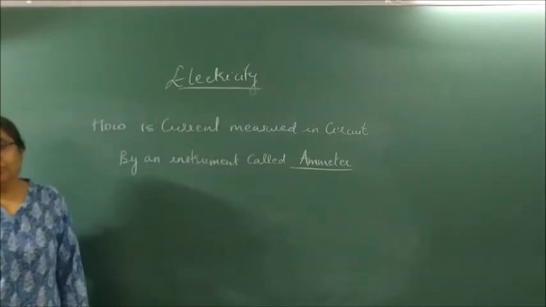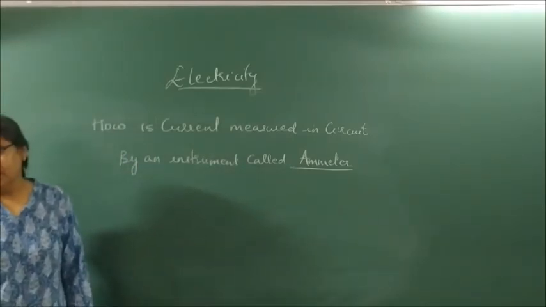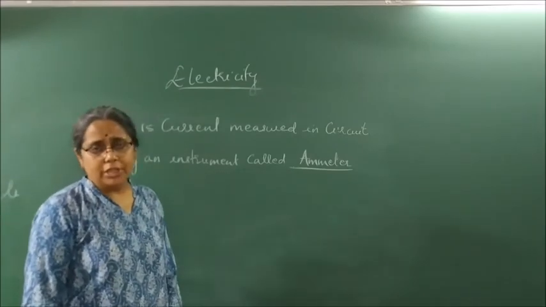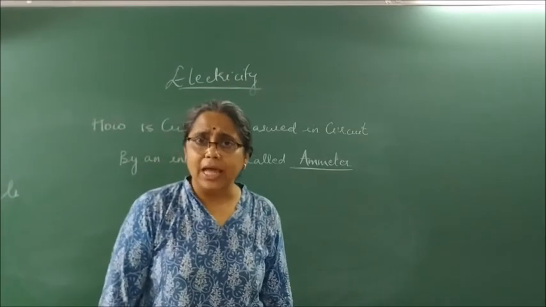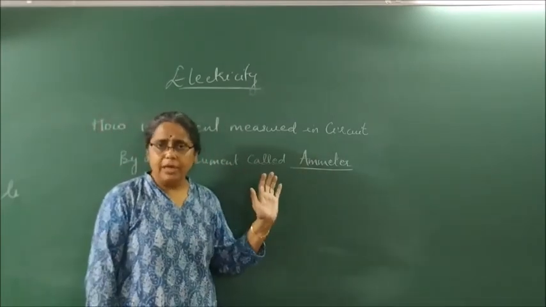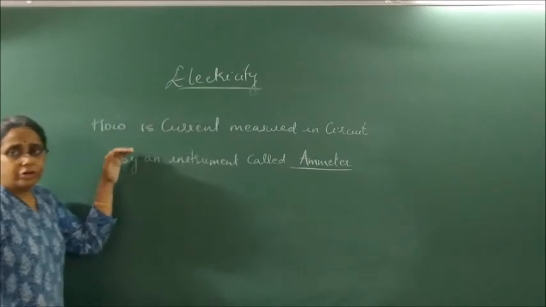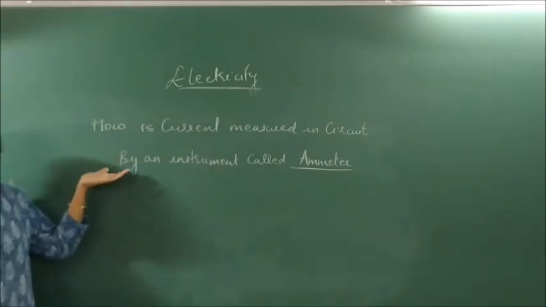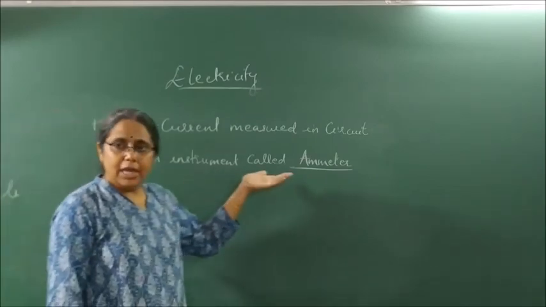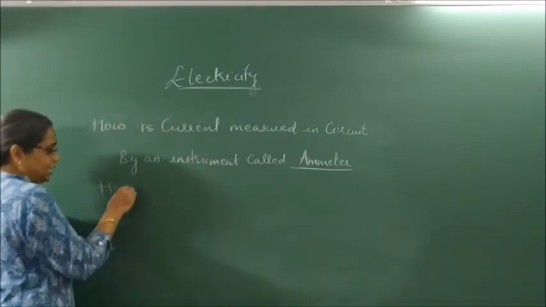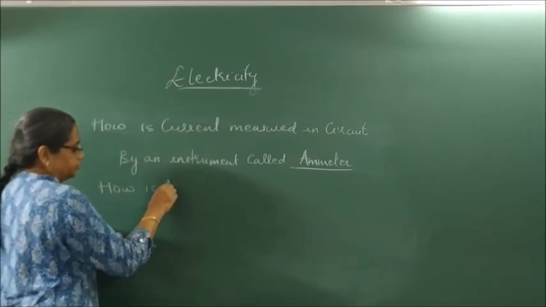There are a lot of students who misspell it. Please don't put an extra letter in between or spoil the spelling. It is called ammeter, A-M-M, then meter. So what is the device used to measure current? The device used to measure current is called ammeter.